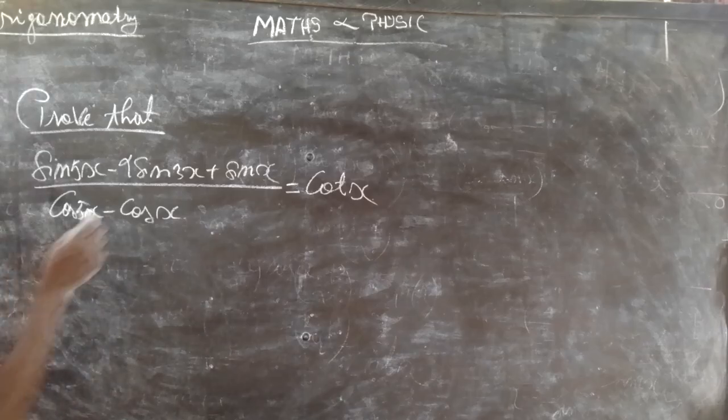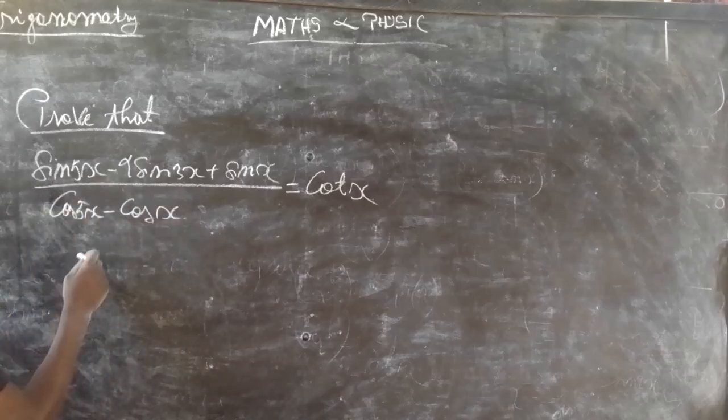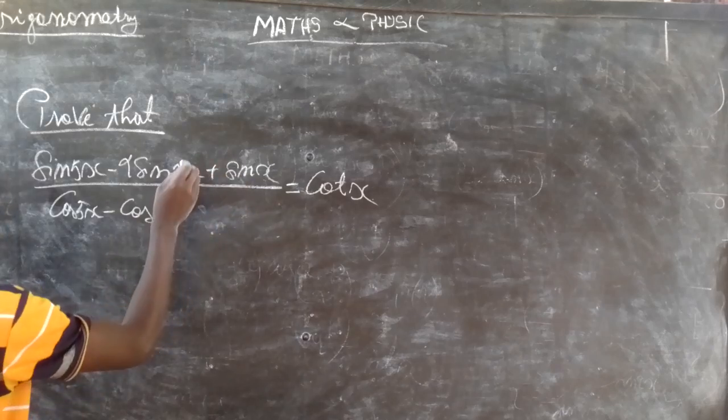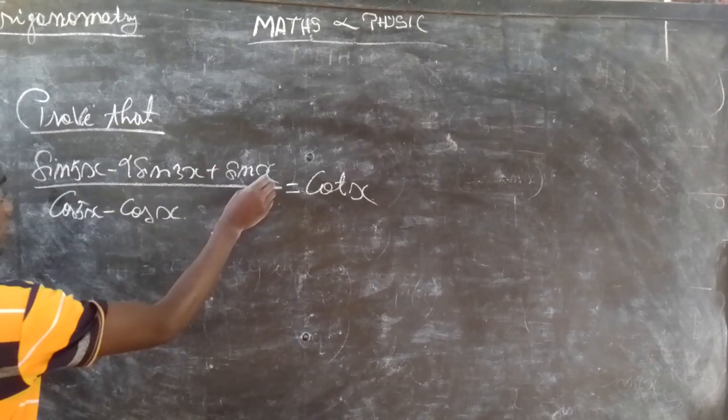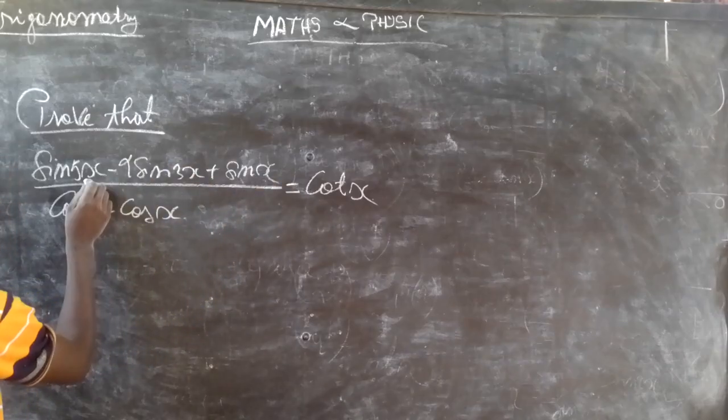The secret which I'm going to reveal for you here: if you have an equation like this, you have to check. If you take this and add this, then divide by 2, you should have this number.